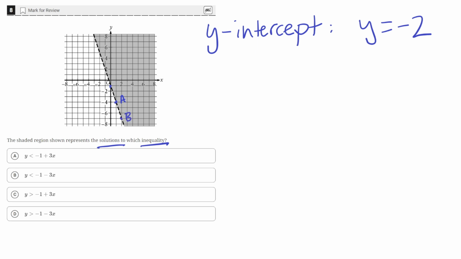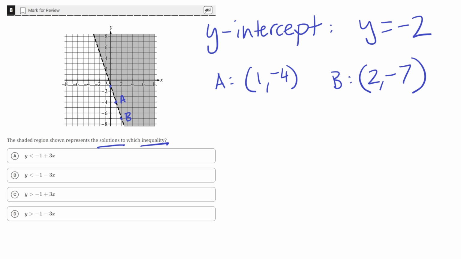So point A is 1 on the x-axis, -4 on the y-axis. So point A is just 1, -4. And point B is at 2 on the x-axis and -7 on the y-axis. So its coordinates are 2 and -7. So to find the slope between those 2 points, we can find the rise over the run.